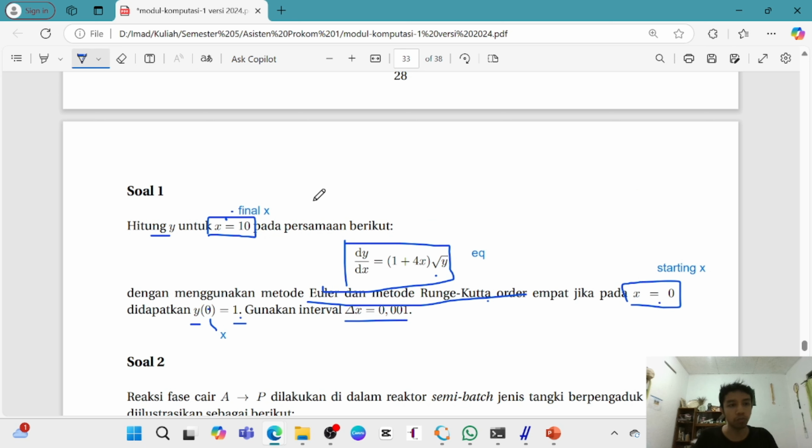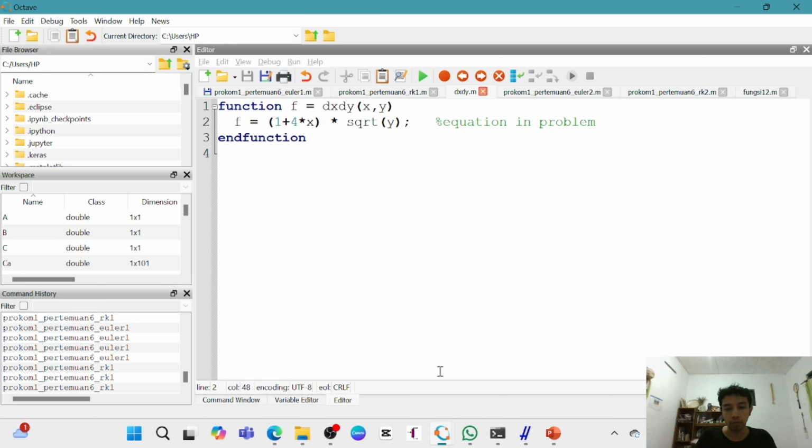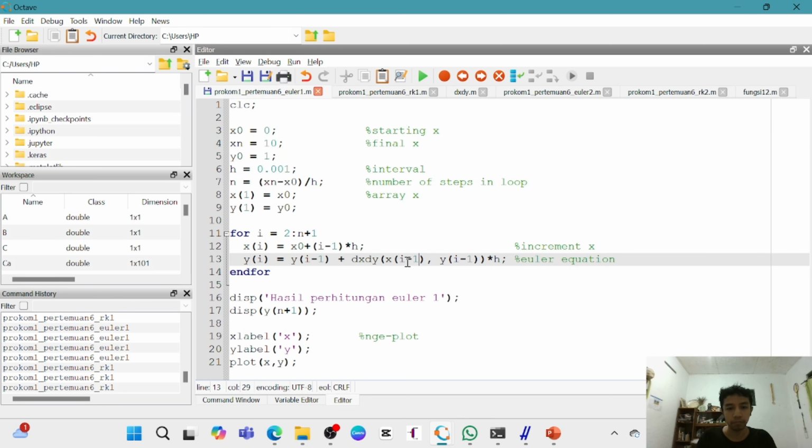We just put 1 plus 4x then square root y into the function, right? We go back to the function like this. Just write it like this. And then we display the result, then we plot.